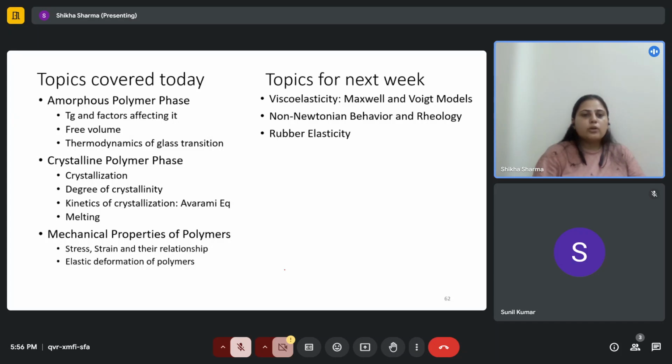And then we discussed the kinetics of crystallization with the help of the Avrami equation. And then we discussed the melting temperature and the different factors which affect it. And then we discussed the mechanical properties of the polymers, and in that we discussed stress, strain and their relationships, the curve of the elastomers and the stress strain curve.